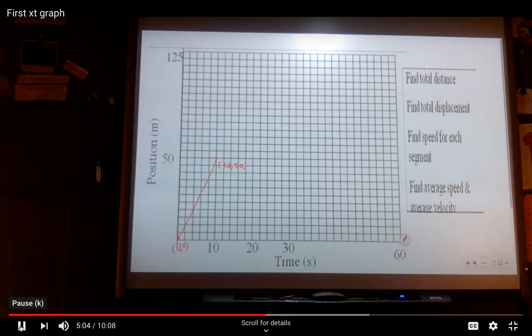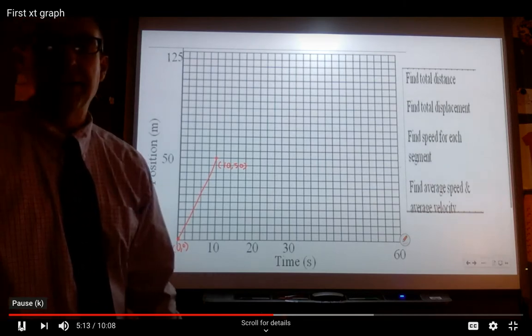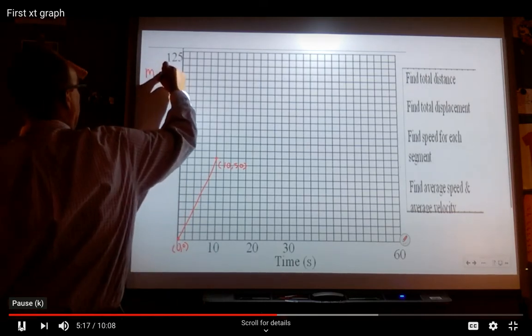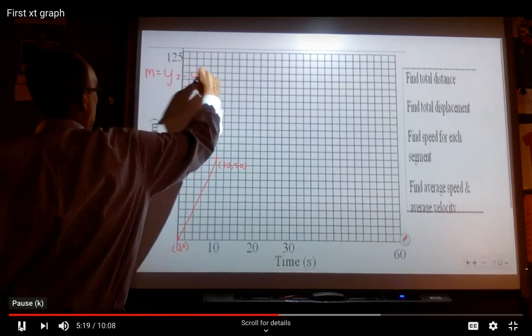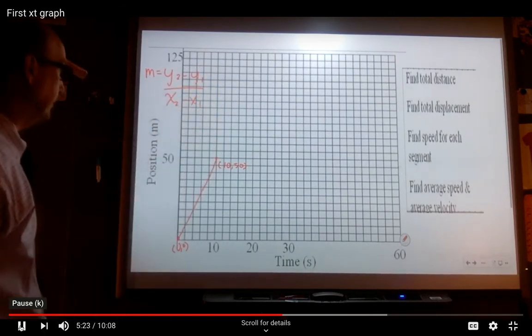The best I can. Now what I'm saying is, from this graph, I can get what that speed is. And how would I do that? I'm going to find the slope. So the slope, if you remember, is y2 minus y1 over x2 minus x1.